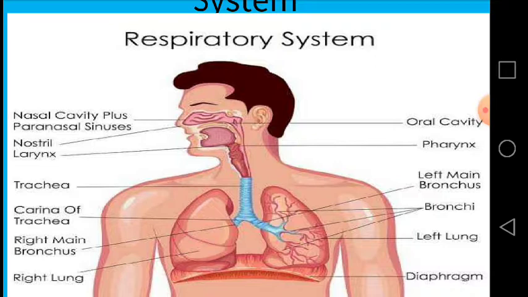Some cells in the lining secrete a sticky fluid called mucus, which traps particles of dust and bacteria. Other cells are covered with tiny hair-like structures called cilia.